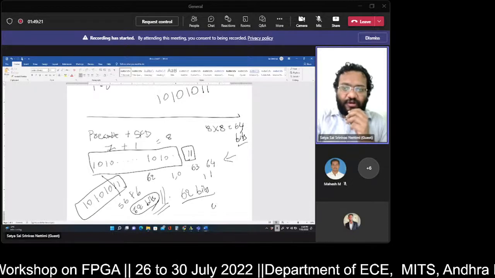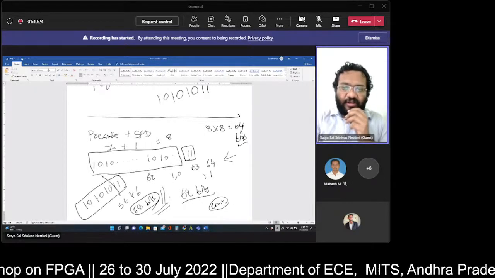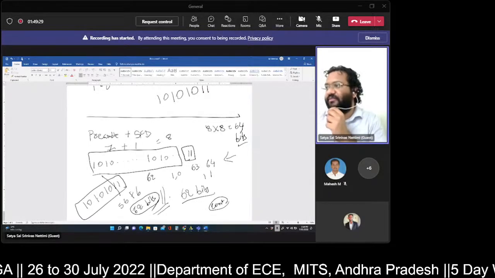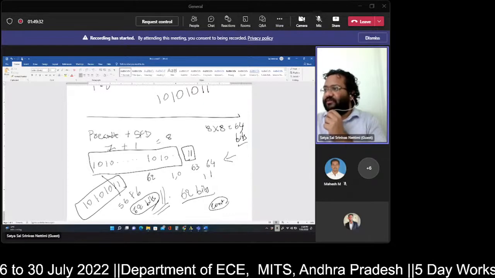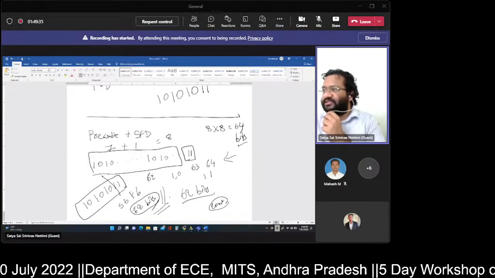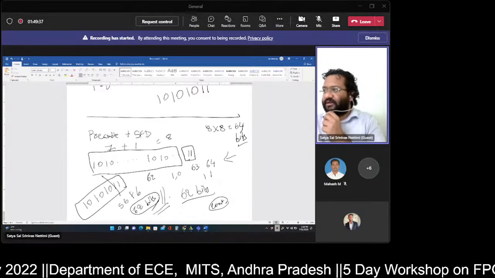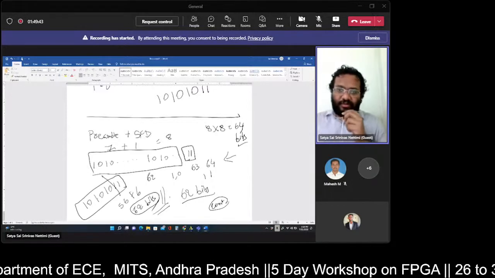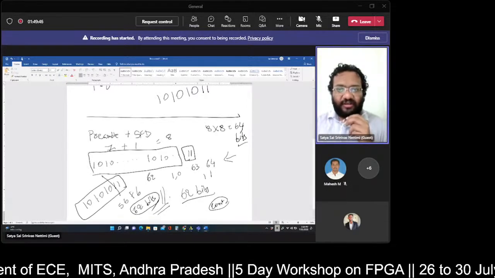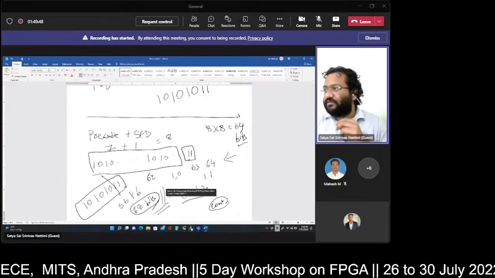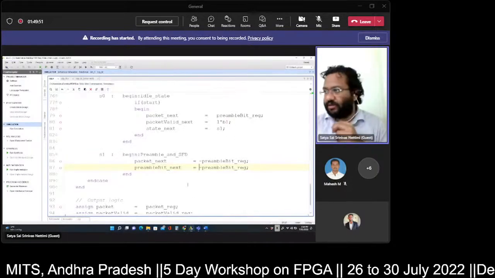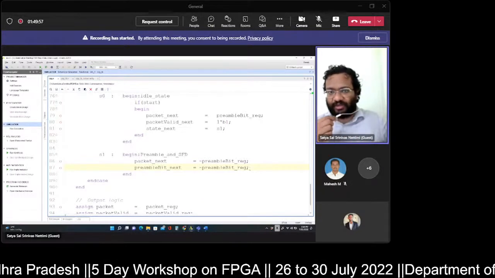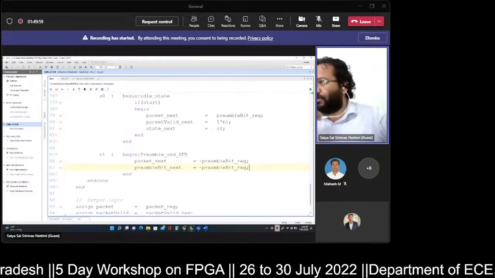We have to count the sequence, and accordingly generate only 62 bits of alternating ones and zeros. Once the 62 bits are generated, we have to stop generating this pattern. So for this we need a counter, and we have to slightly modify the operations that we are doing in the S1 state. We will see how to do that.